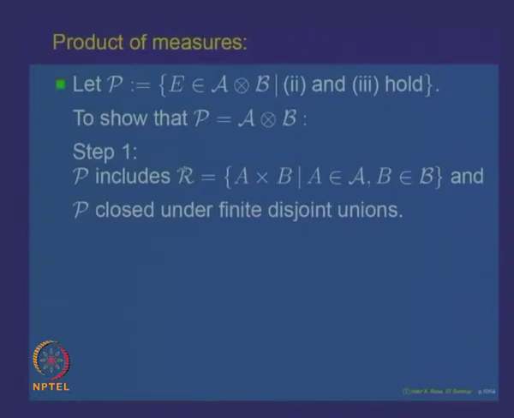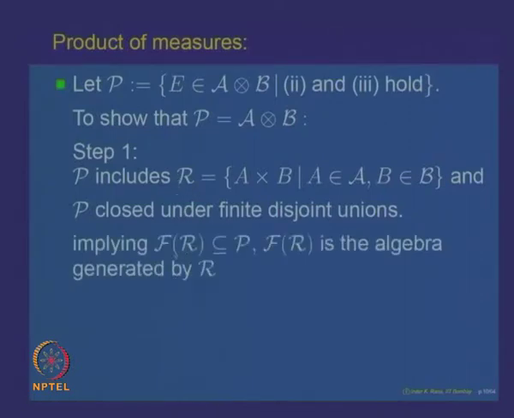You recall we had shown that R is a semi algebra, and if the collection P, which includes R, is closed under finite disjoint unions, then finite disjoint unions of rectangles also will be inside P. But a finite disjoint union of rectangles is nothing but the algebra generated by this semi algebra R. So this step will imply that the algebra generated by the rectangles is inside the class P. The method is to show that R is inside it, and that it is closed under finite disjoint unions. So let us prove this step 1 first. We have got the collection P.